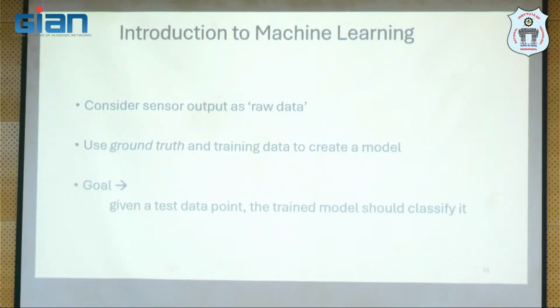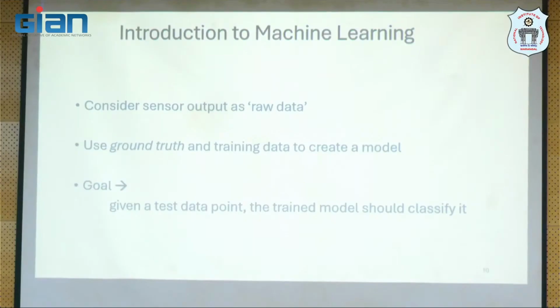What is the goal of doing this? The goal is, after I do it multiple times and I'm confident that I have trained my black box, if I give it an unknown test point, it is able to predict whether the test point is going to be a healthy or a faulty case. Prediction can be done in many ways.